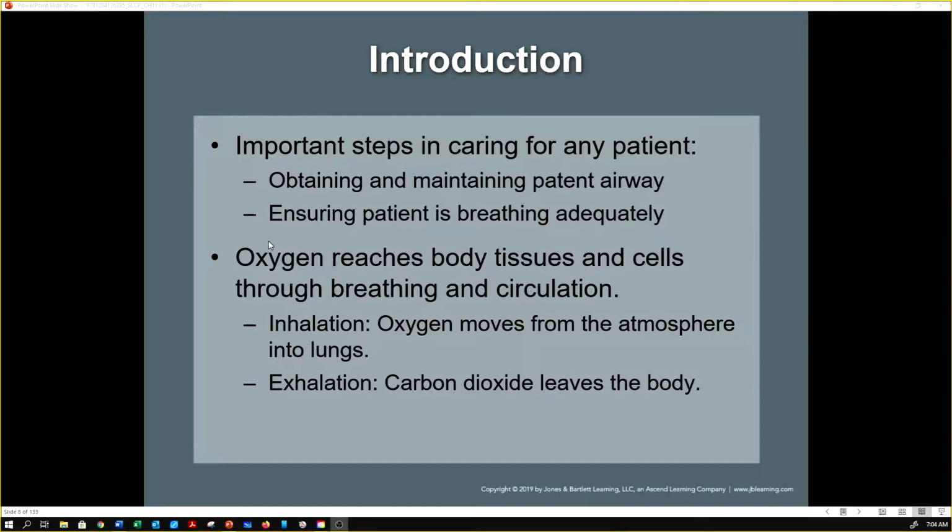And remember what we talked about at EMT school, that VQ ratio, right? So this would be the V with the oxygen in the standby mode inside the alveoli. And then the Q part would be that blood, right?